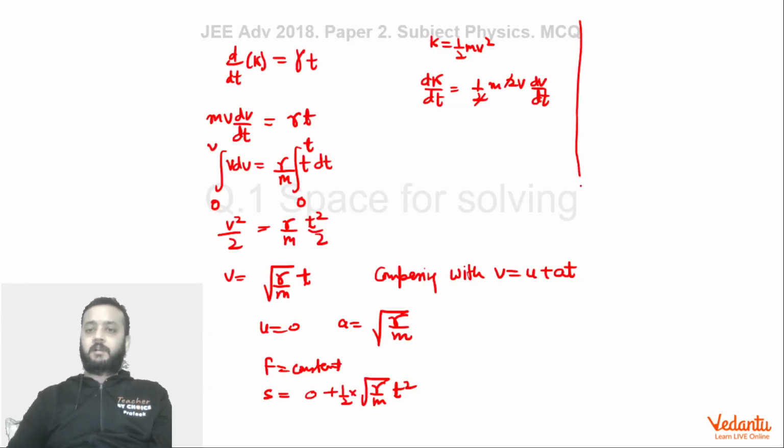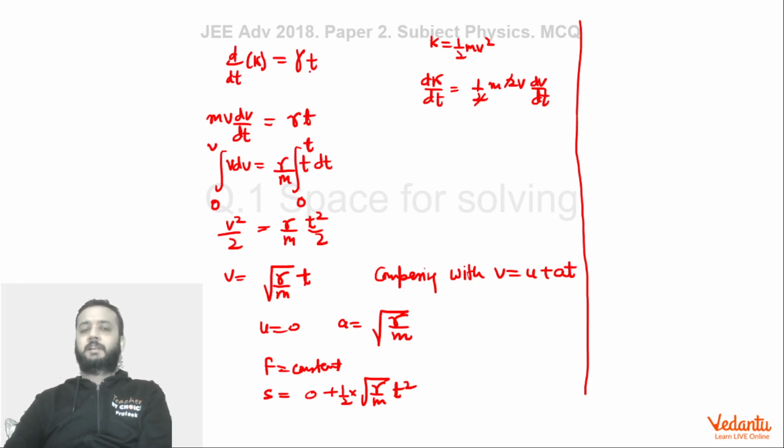We could have approached this question in one more manner, essentially the same, but instead of differentiating kinetic energy, we know that rate of change of the kinetic energy of any particle is called power. Power is nothing but the rate at which the kinetic energy of the particle is changing. So we could have also written power equals gamma t.